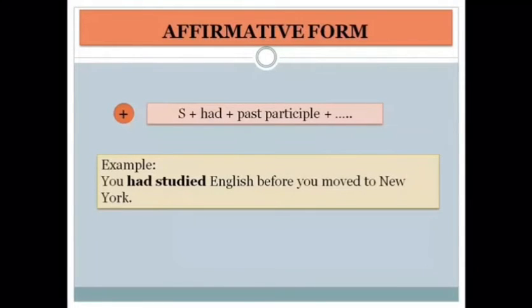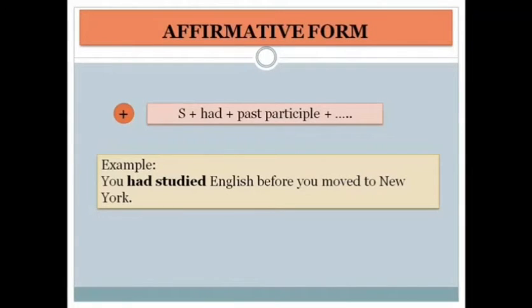Let's have a look at the past perfect in affirmative form. So, subject plus had plus past participle. For example, you had studied English before you moved to New York.